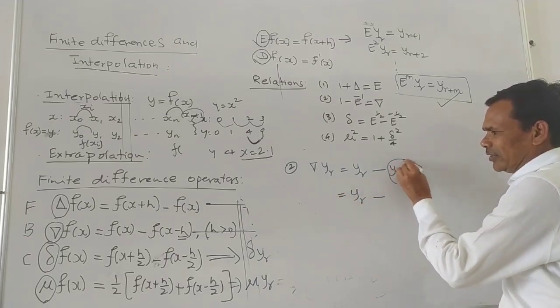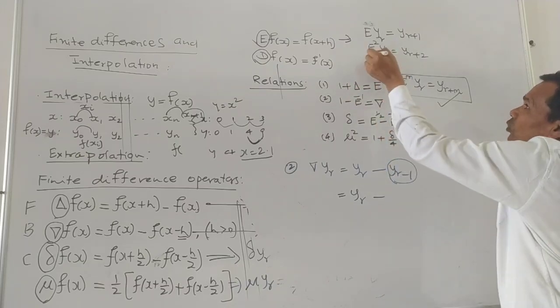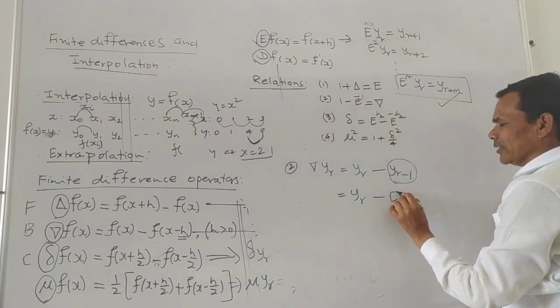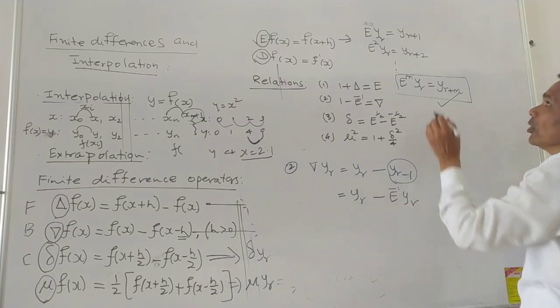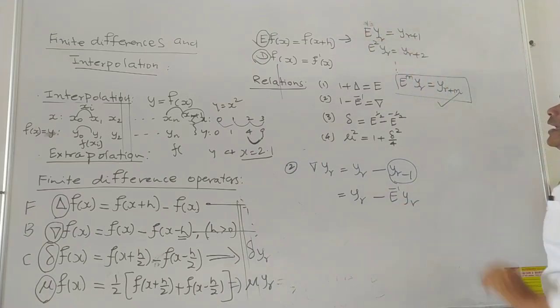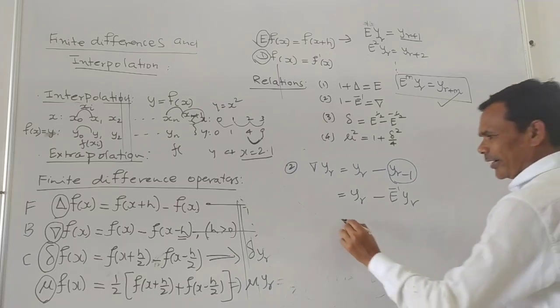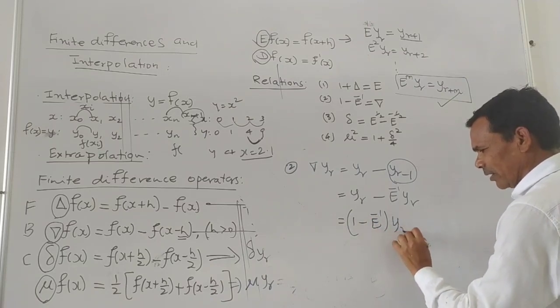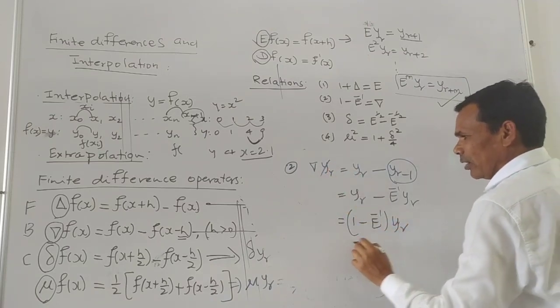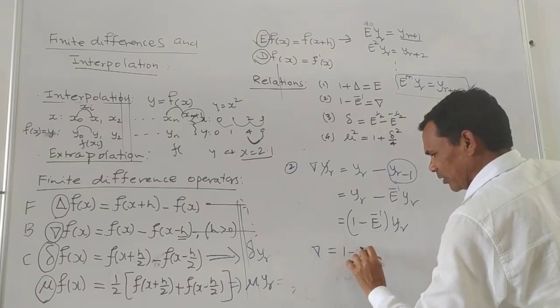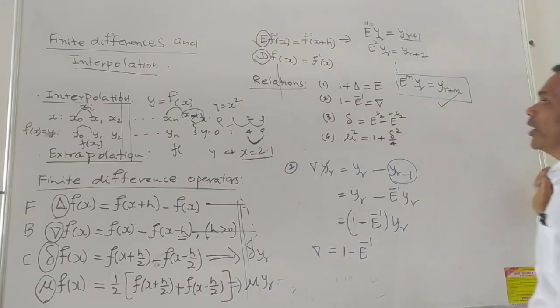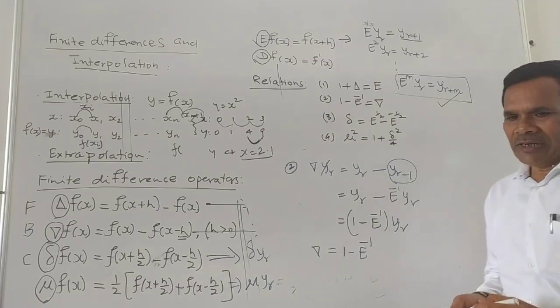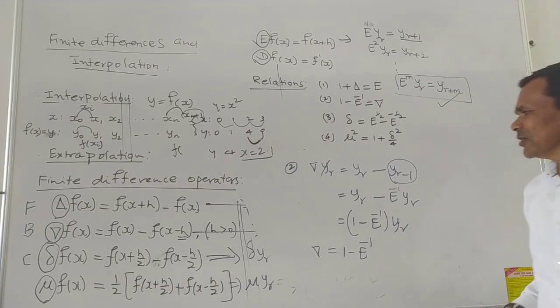I convert this in terms of the shift operator using this formula, so I can write this as y r minus E raised to minus 1 y r, because the power is written at the y suffix. So what I am getting here is 1 minus E raised to minus 1. I take y r common and cancel y r on either side, and I get the relation 1 minus E raised to minus 1. Similarly, you can prove relations 3 and 4.